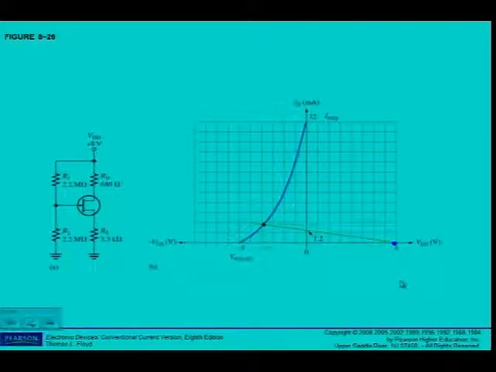Then I calculate the second point where VGS is equal to 0, and the value of ID, which is VG over RS, I get a value of 1,2 milliamps, and I plot my second point there. Then you can see I connect the two, and I extend the load line, and you will write there, that is my Q point.